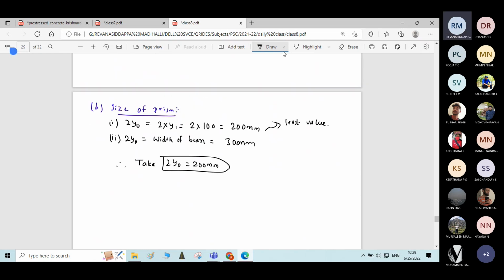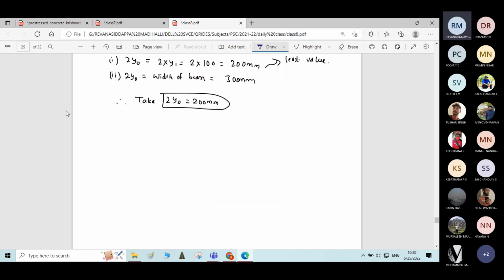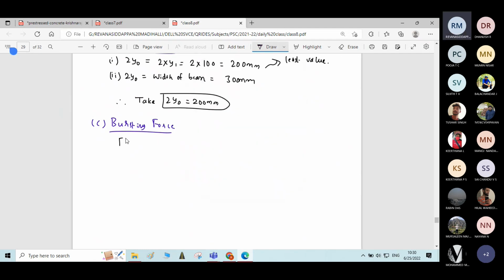Now size of the prism is fixed. That is 200 mm. Next step is bursting force. Step C, finding the bursting force. We have the formula in page number 36 of IS 1343. That is FBST divided by Pk is equal to 0.32 minus 0.3 yp naught divided by y naught.